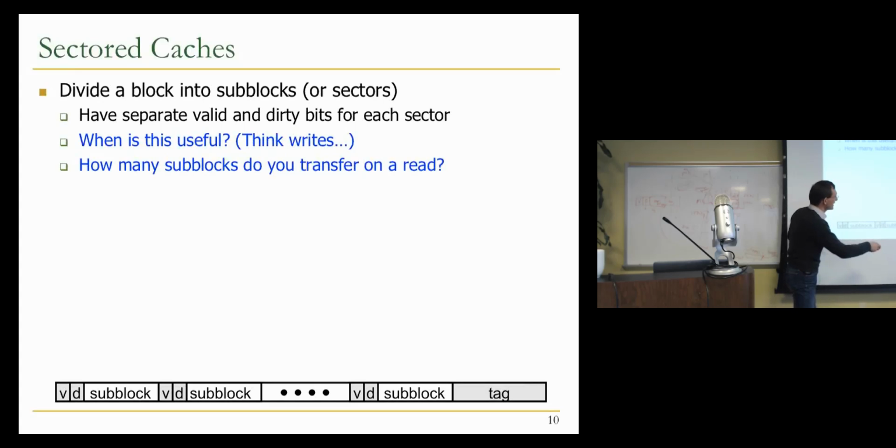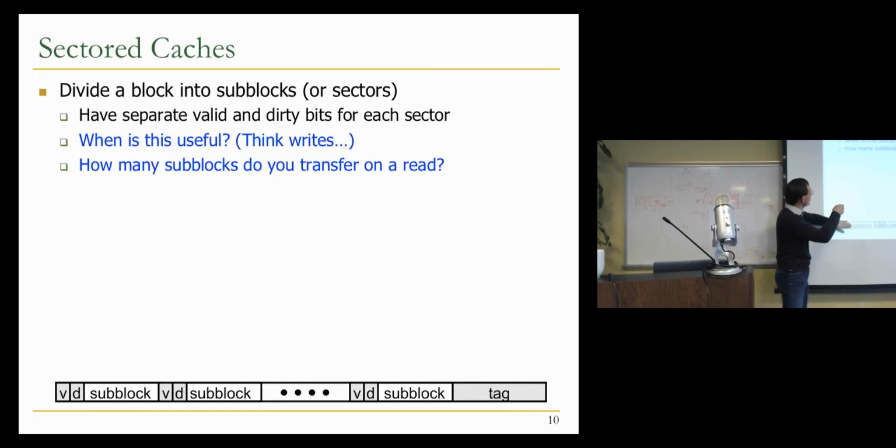And then the remaining subblocks will be invalid. Right? And when you actually access one of those subblocks, you get a cache miss. Make sense? So this gives you more flexibility in what granularity of data you actually bring into the cache, and whether or not you even bring the old version into the cache. Okay?